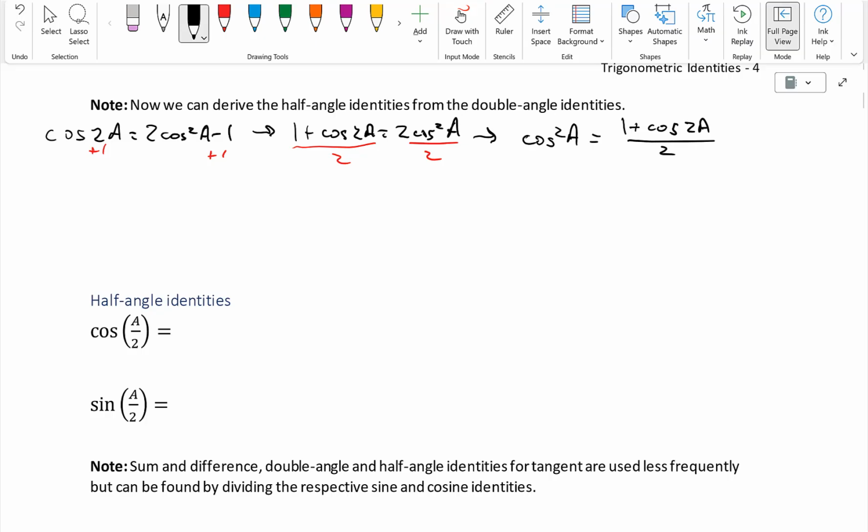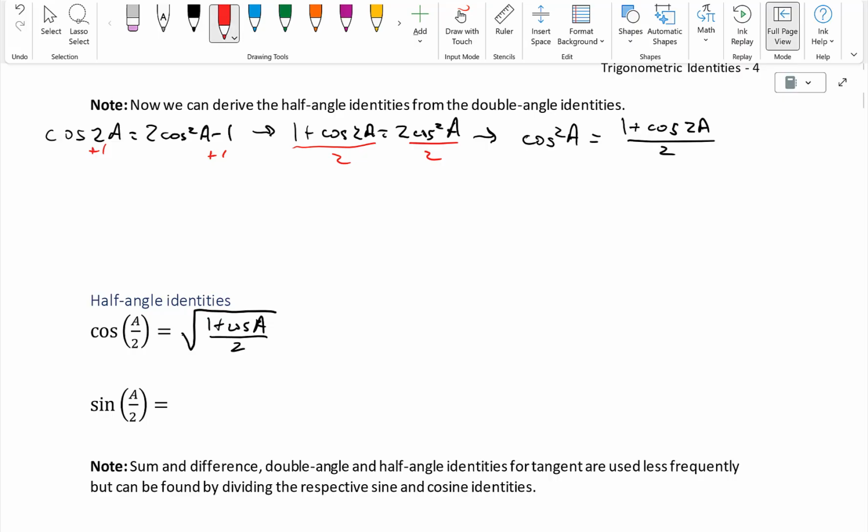And then we want to take the square root to solve. So we'd have down here for our half angle identity, cosine of A over 2 is equal to the square root of 1 plus cosine of A all over 2.